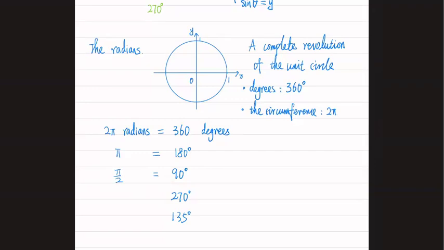Kira, 270. 1.5 times pi. Okay, so sometimes we say 3 pi over 2.